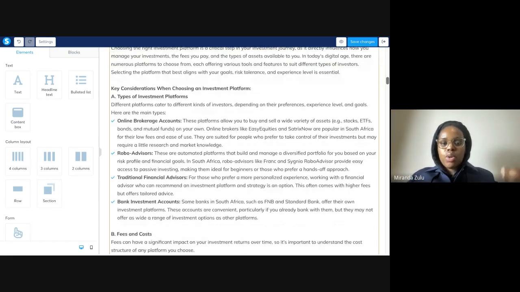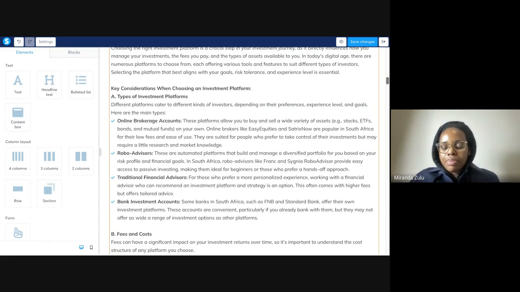And so the different types of investments. One is an online brokerage account. So these platforms are where you're able to buy and sell a wide range of assets like stocks, ETFs, bonds, mutual funds on your own without needing someone else's assistance or needing a professional, a broker, or an advisor, or someone to do it on your behalf.